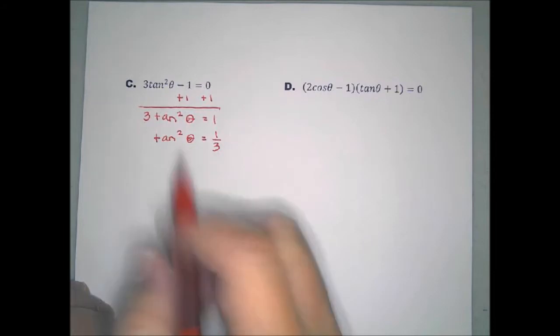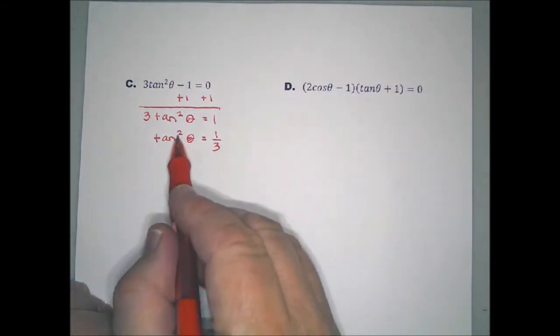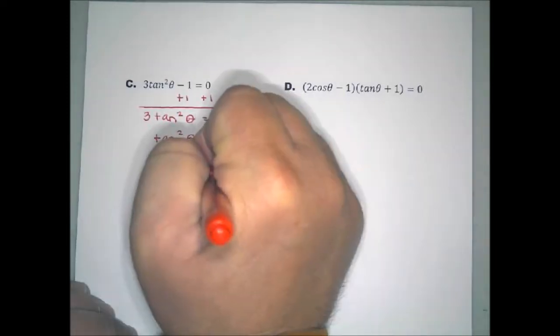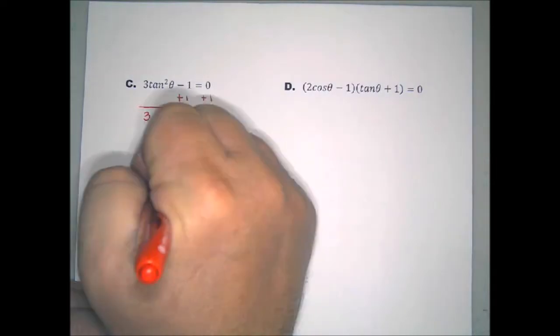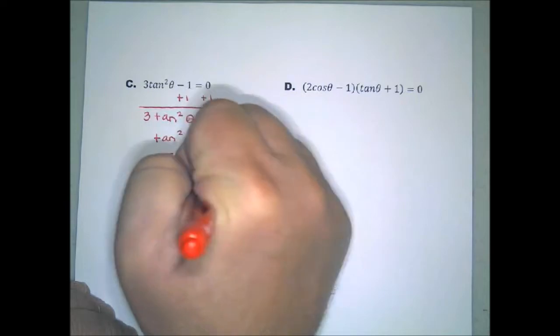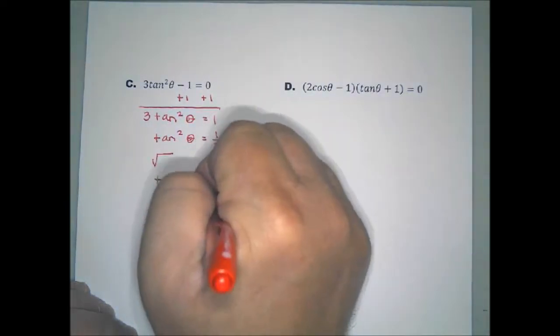Now the way I'm going to get rid of that square right there is by square rooting. So that's my next step. My next step is simply a square root step. And what that's going to leave me is tangent theta equals, now when I take the square root, it's going to be plus and minus.